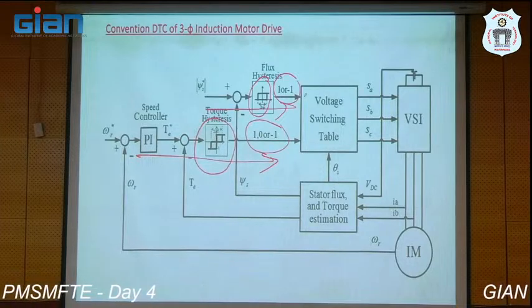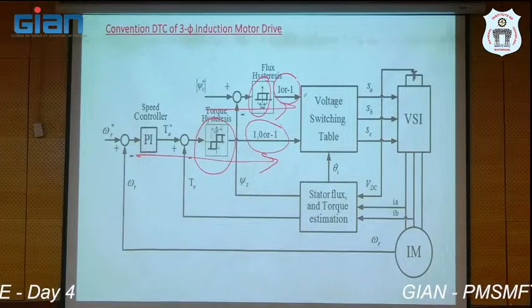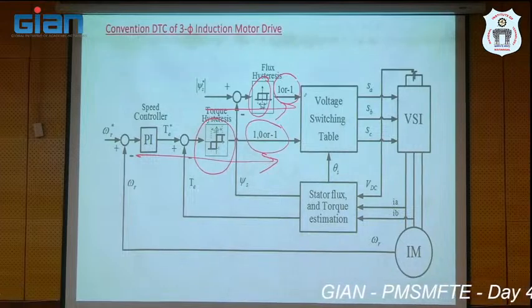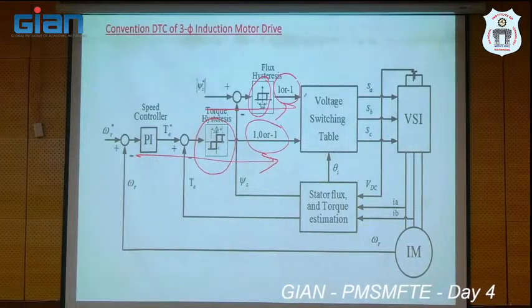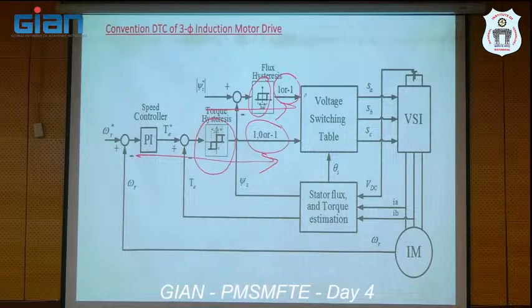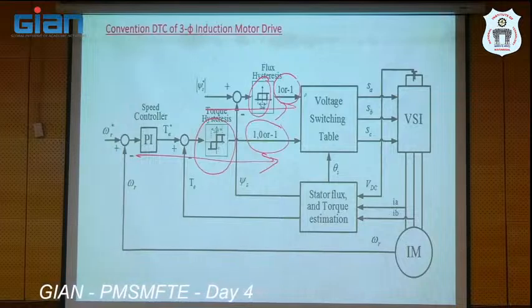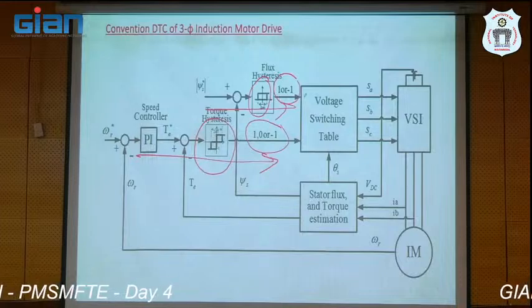You got my point? One more important thing is, whenever you want to decide the bandwidth of the hysteresis controller, you should not select it simply like that. You should know the rated torque of the machine. Let's say the rated torque of the machine is 10 Newton meter. For the hysteresis controller bandwidth, we can take 10%. 10 Newton meter, 10%, how much? 1.